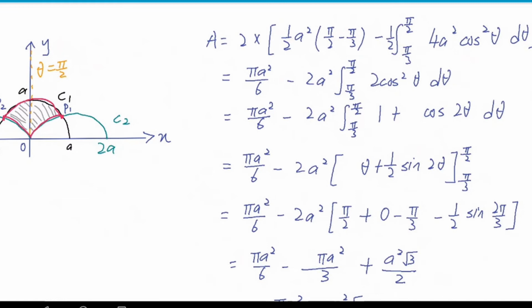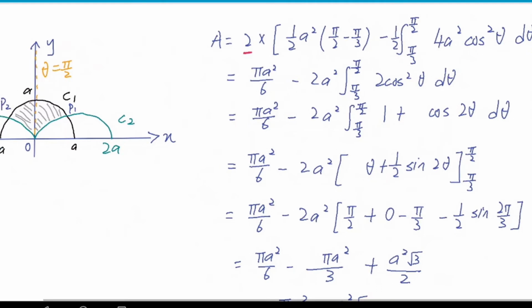So that is why here I have used 2 times. What do we actually have in this case? We can look at this area, and you can see the first term here is actually half r squared d theta.